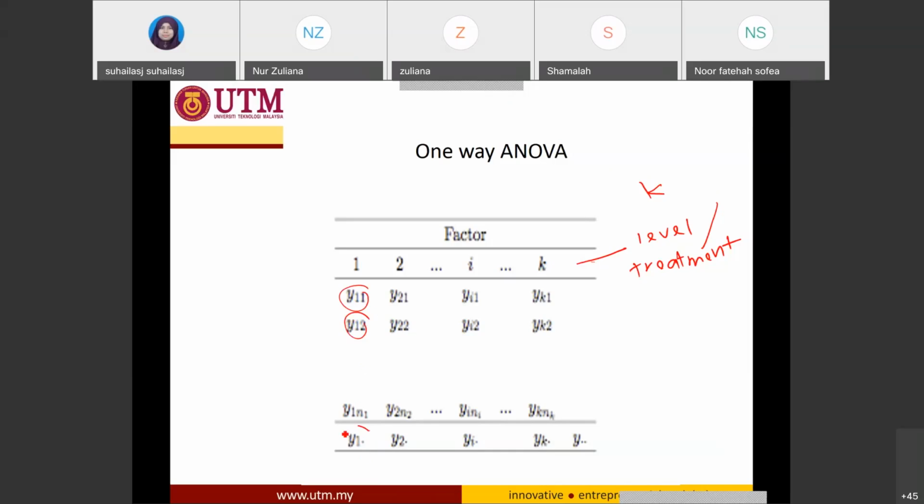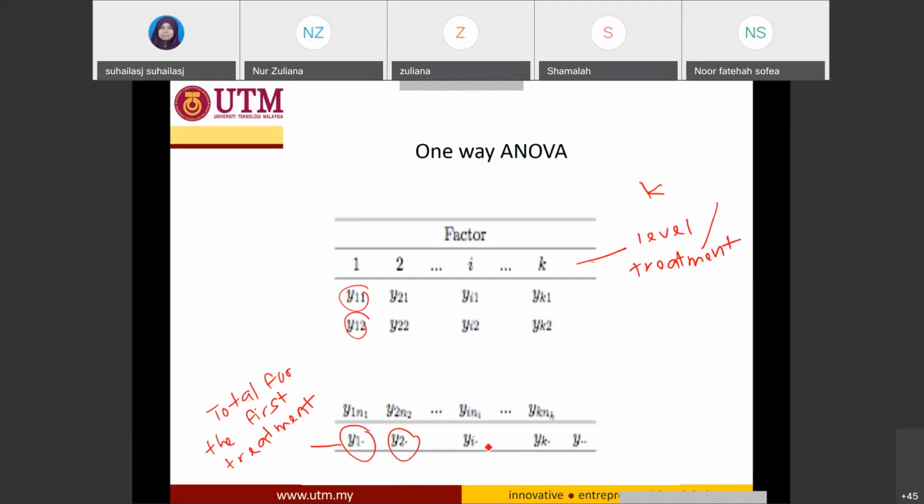Y1 dot is your total for the first treatment, or first level. Then Y21, Y22, and Y2 dot is the total for the second treatment.